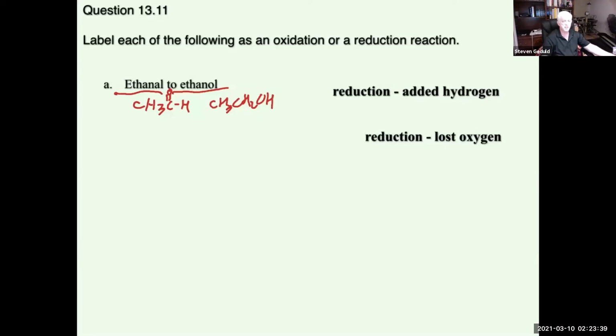Have we decreased the number of bonds to oxygen, or increased it? We had a double bond to oxygen, now we have a single bond. So it's been reduced. We've added hydrogen across that carbonyl group. So ethanal, an aldehyde, to an alcohol is reduction. You've added hydrogen, or lost oxygen. That's reduction.